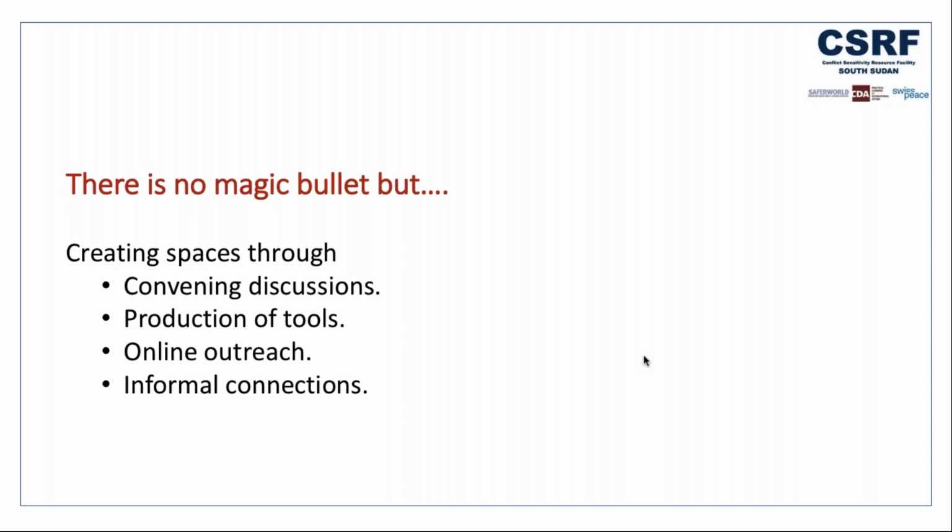So that's a quick rundown of the CSRF and what we mean by effectiveness through multi-donor facilities for conflict sensitivity in South Sudan. I am happy to take any questions that might be out there.